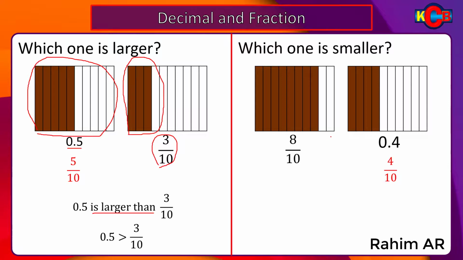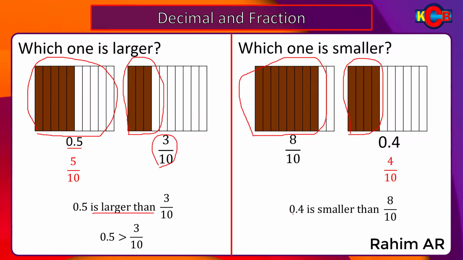Based on the picture here, we can see that 0.4 is smaller than 8 tenths. Thus, 0.4 is smaller than 8 tenths. And this is the symbol for smaller than.